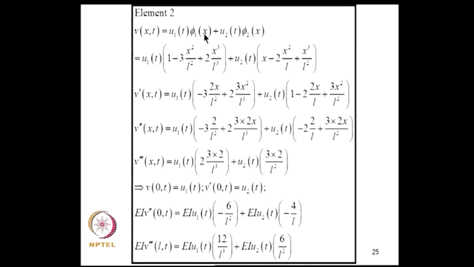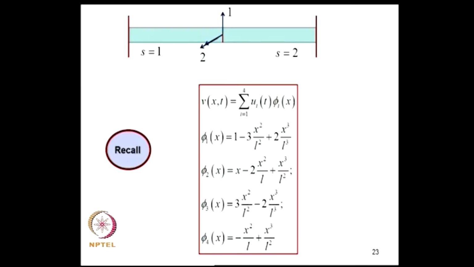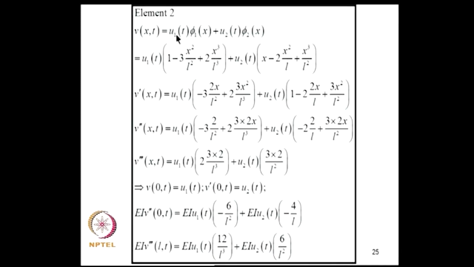Now let us look at element 2. In element 2, these 2 degrees of freedom are 0, the vertical translation is 0, and the rotation here is 0. So I get u1 phi 1 plus u2 phi 2. We can repeat this calculation, and find V prime, V double prime, V triple prime by simple differentiation, they are polynomials, and then look at what is V at x equal to 0.